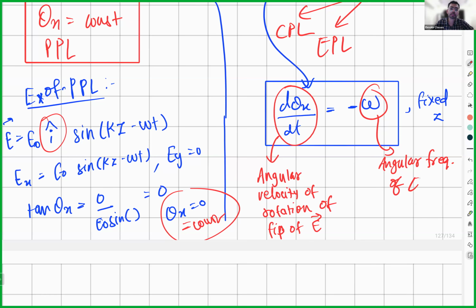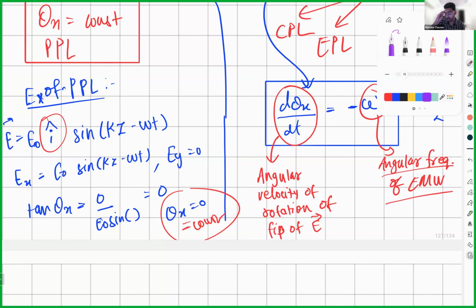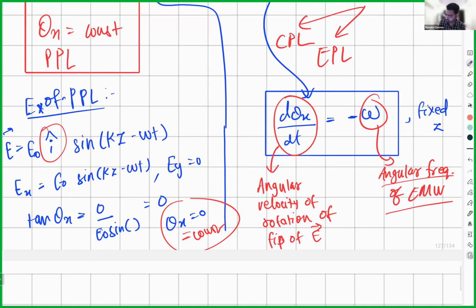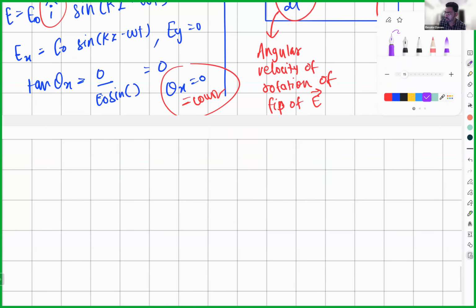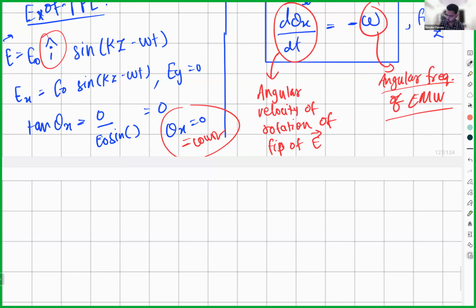So you can say that the rotation speed is as fast as the frequency of oscillation of the electromagnetic wave. Now, why do we have a minus sign? You'll understand that one. When I put my thumb along the plus Z direction, because this electric field that I have, where did the electric field go?